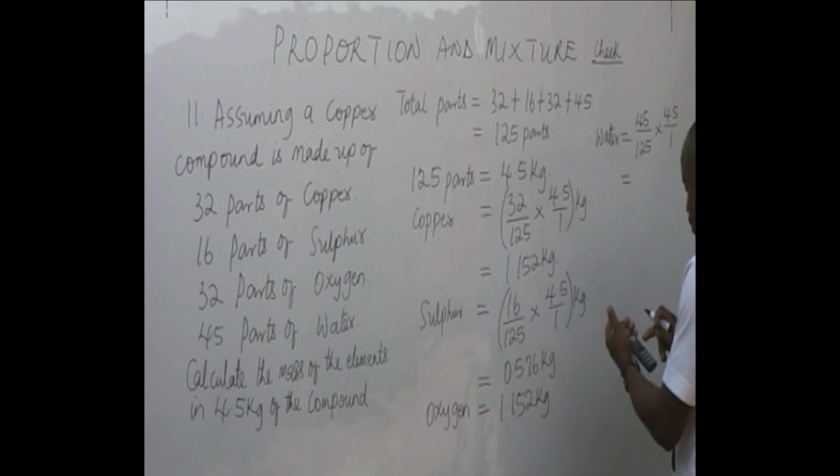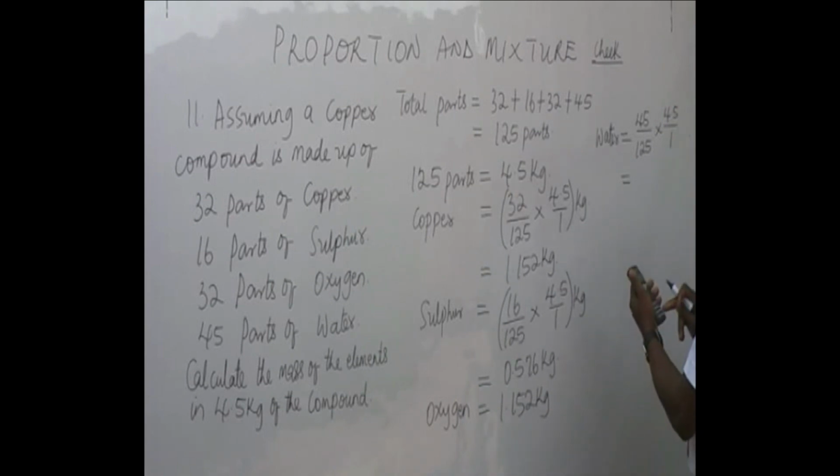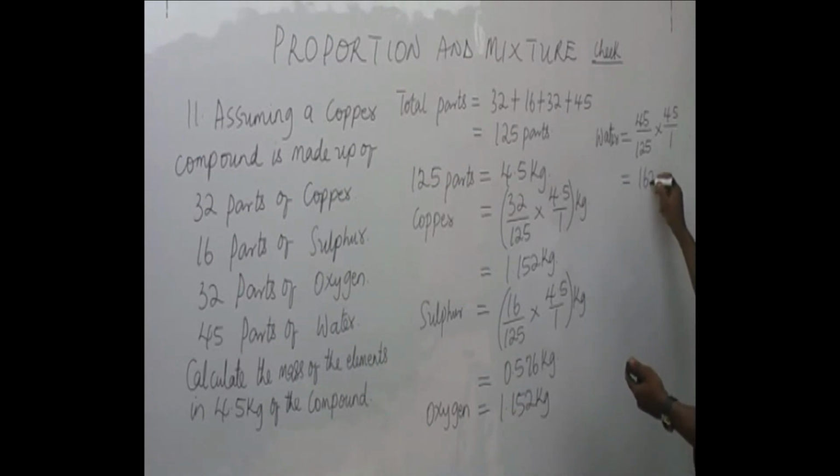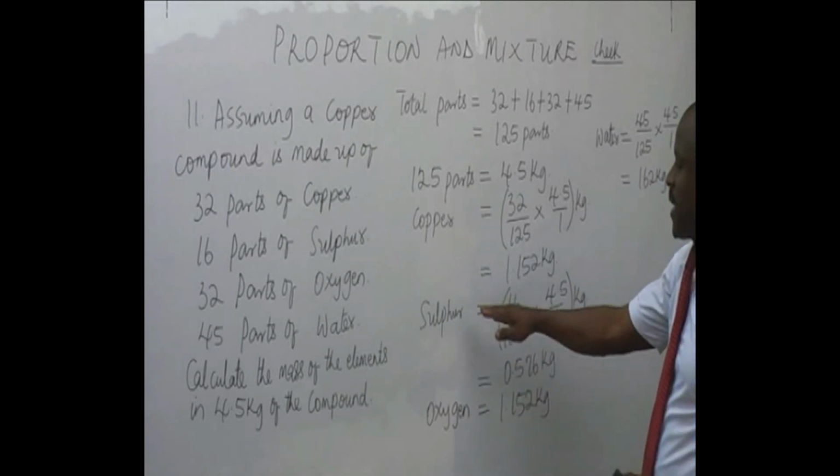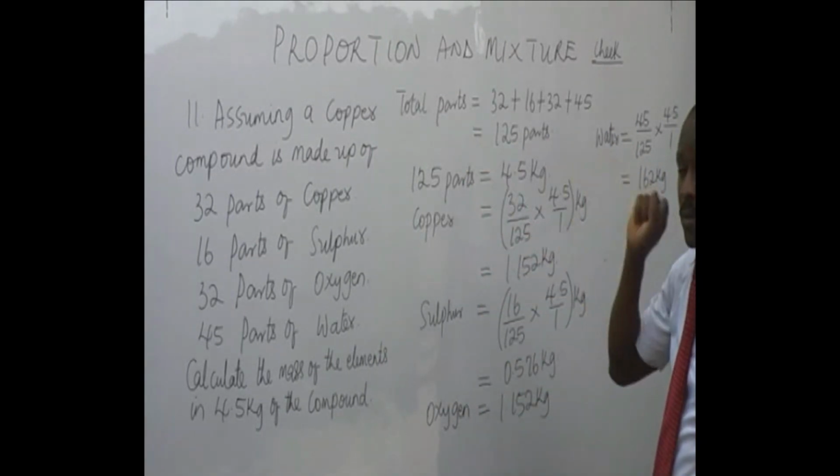So we got to multiply out now. 45 times 4.5 divided by 125 is giving us 162 kilograms. So these are the respective masses of the elements found in that copper compound.